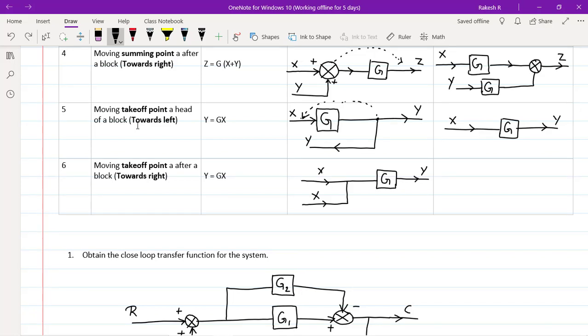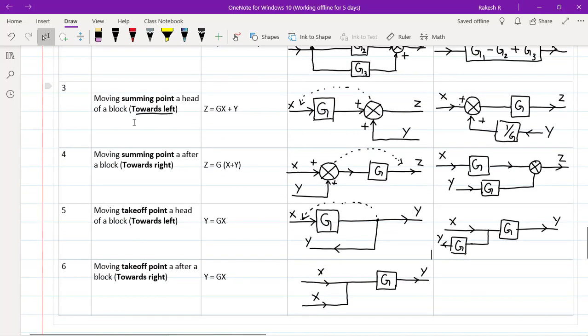What happens now? Here, this will be added up by only G. This is Y and X. You can see the difference between the takeoff point and the summing point.